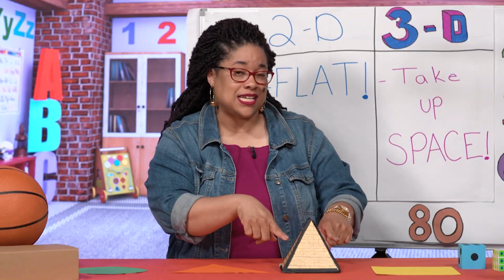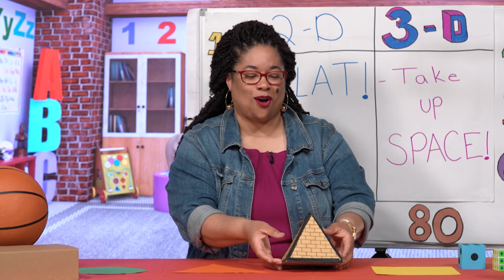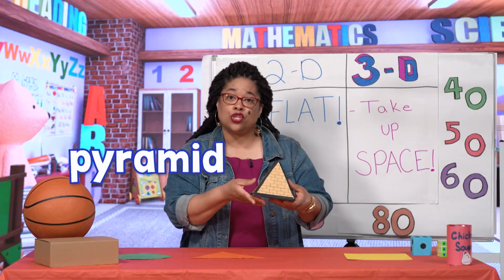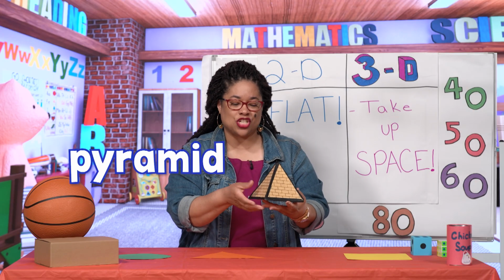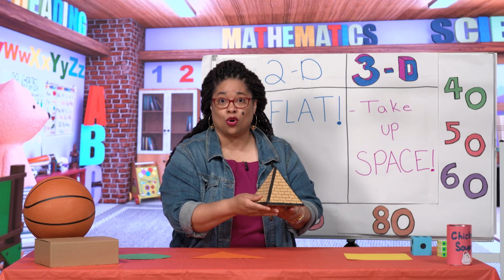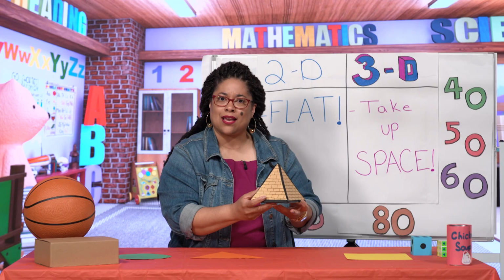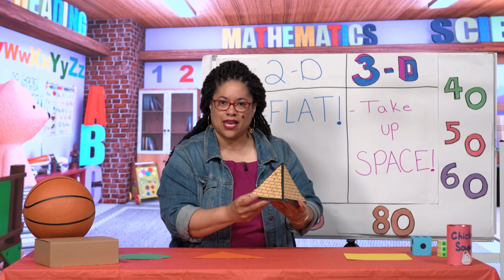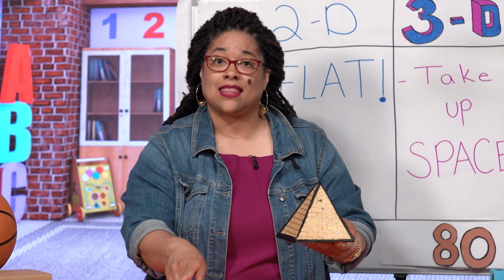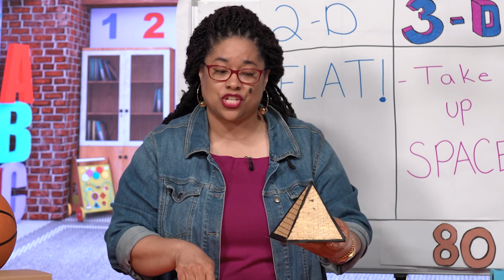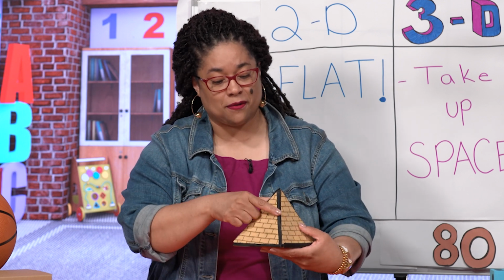Now, the 3D shape, this is called a pyramid. Do you see how I have to use both hands to pick it up? And just look, I'm going to turn it or rotate it so you can see all of the sides that are here. Now, something that they both have in common is that they both have some straight edges. We can see them here.